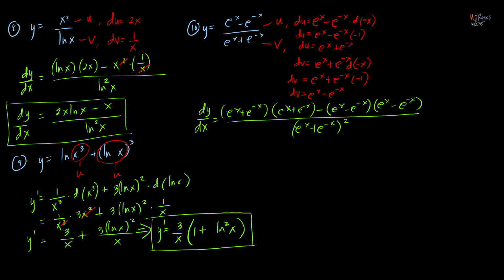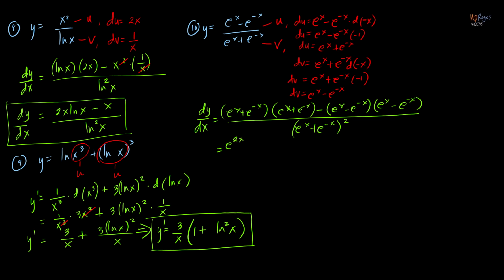Okay, we'll have to simplify the numerator. By removing the grouping symbols, we'll get e to the x times e to the x, which is e to the 2x.